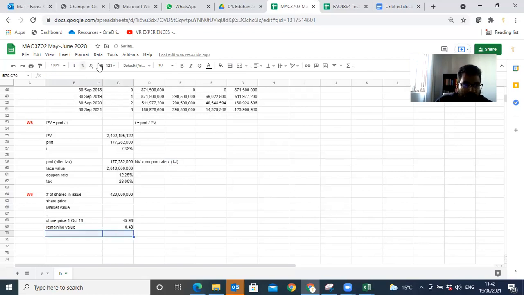Therefore, share price 30 Sep 19 would be 48% of October's price. October's price was 45.98. What is remaining is only 48%. So the current share price is 22 Rand.